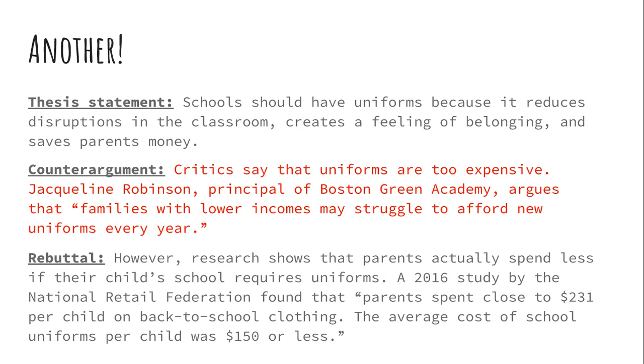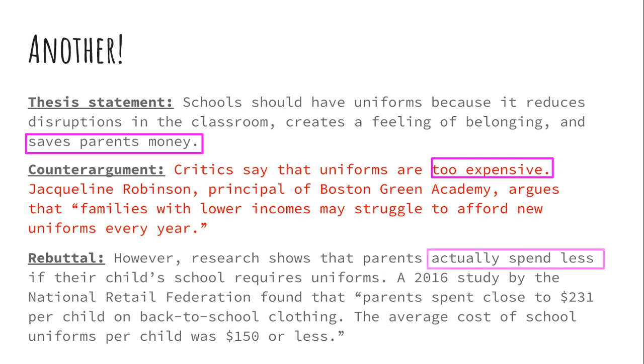All right, so now let's break this down. We see in the thesis statement that the third reason is talking about saving parents money. In that counterargument, we're talking about money again. On the opposite side, they're saying that uniforms are going to be too expensive. Then in the rebuttal, again, we're bringing up the point about money, showing that uniforms are actually cheaper.